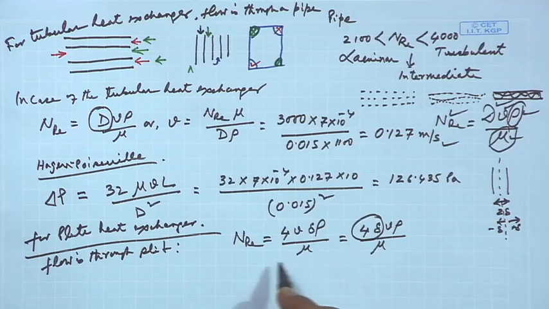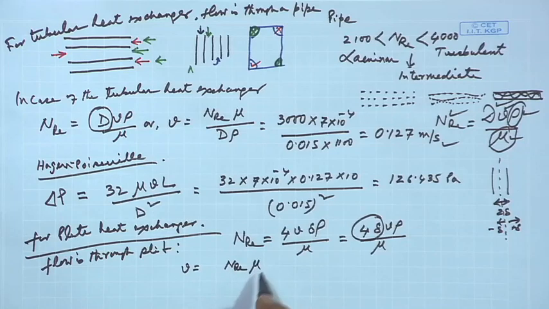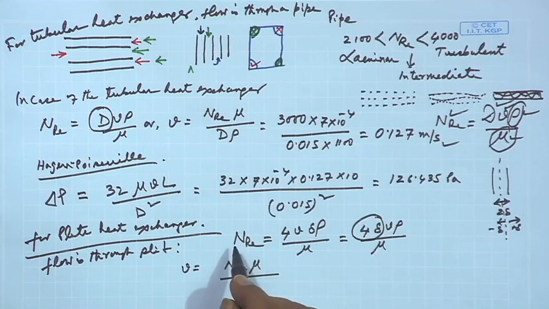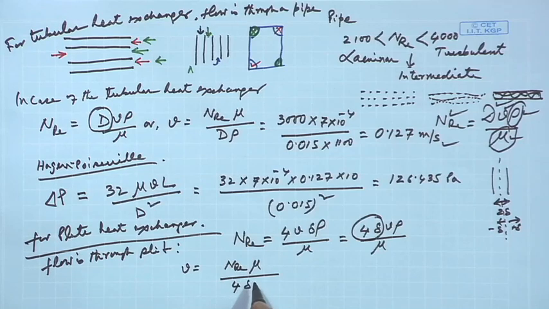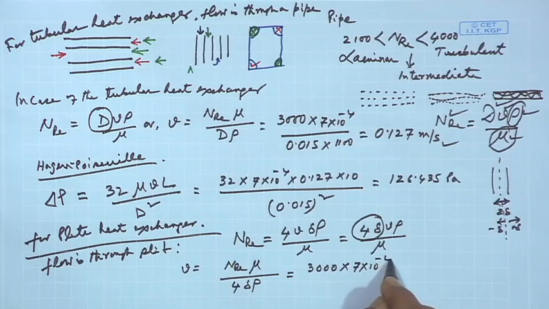All other things remaining the same, V becomes equal to NRE into mu over 4 del rho. So, NRE we have said 3000, mu we had said 7 times 10 to the power minus 4.